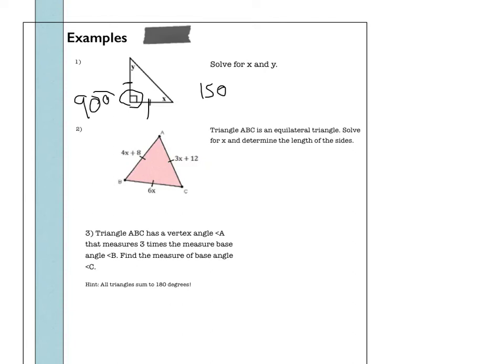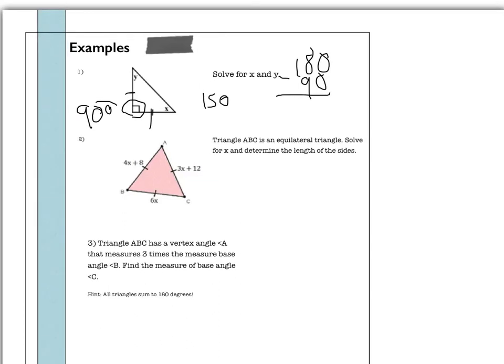I know that all triangles must sum to 180, so I subtract 90 from that, and what I'm going to have left over is 45 and 45. Moving on.